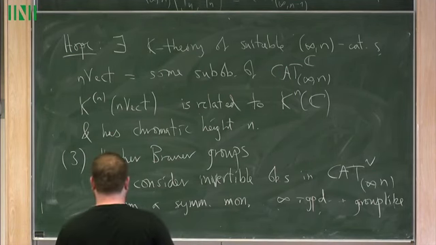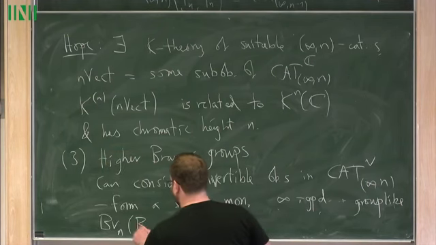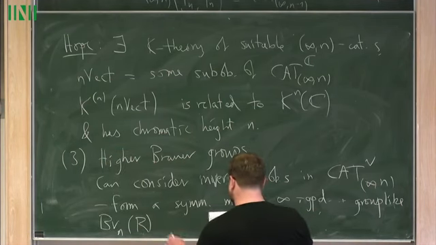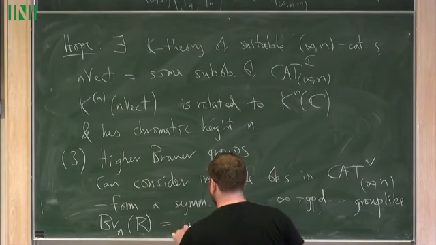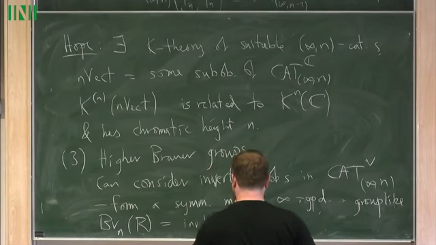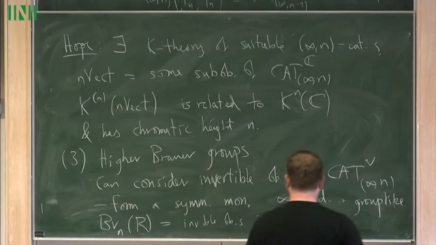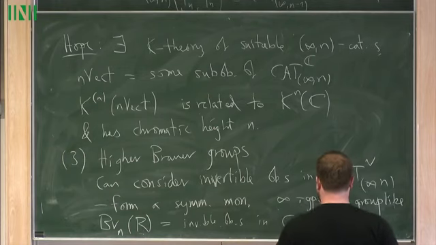And moreover, it's group-like since we have inverses because we chose the invertible objects. So in the case of a ring, let's call that the nth Brauer space of the ring or ring spectrum R: the invertible objects in Cat infinity n of R-modules.